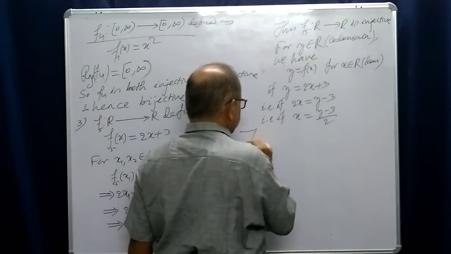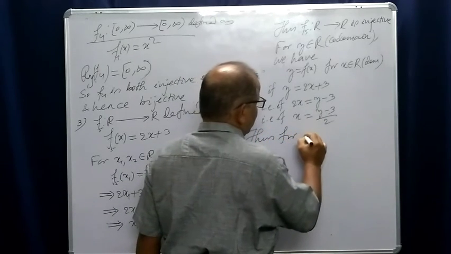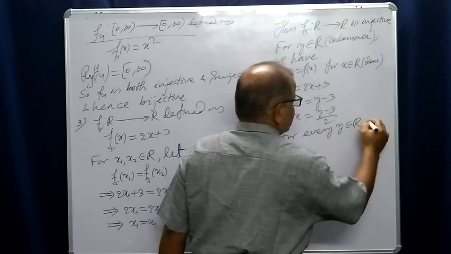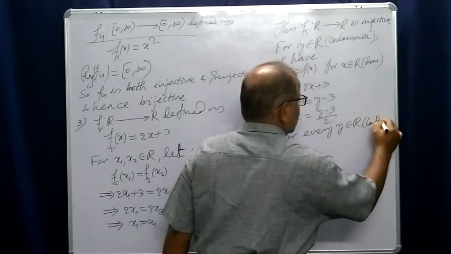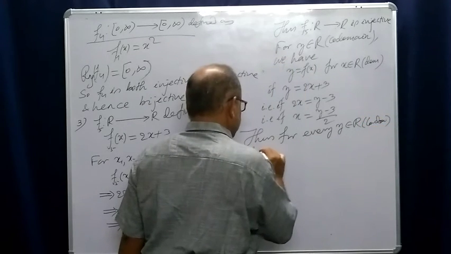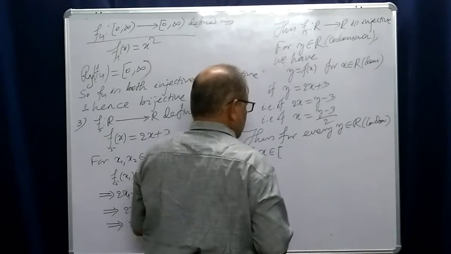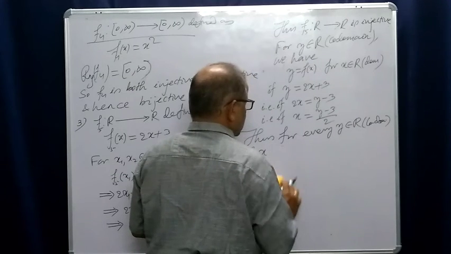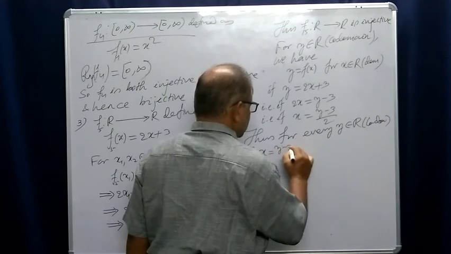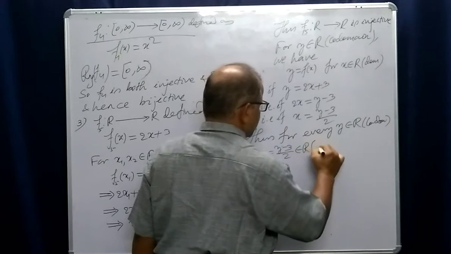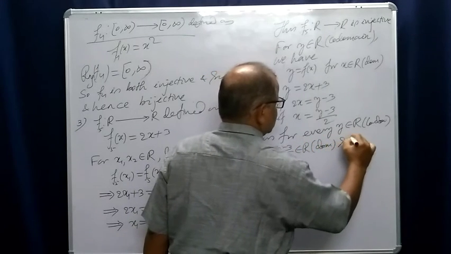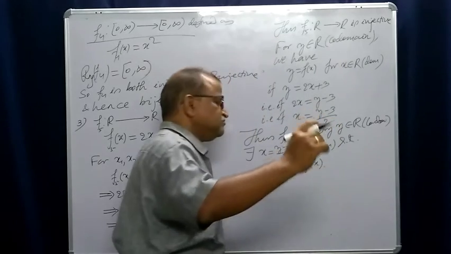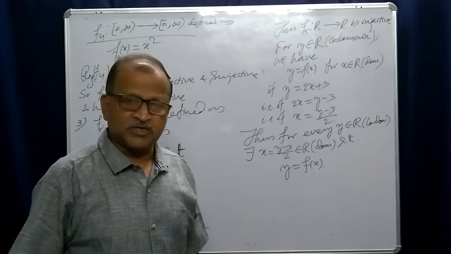So thus, for every y belongs to R, the codomain, there exists x belongs to the domain, x is equal to (y minus 3) by 2 belongs to R, the domain, such that y is equal to f5 of x.